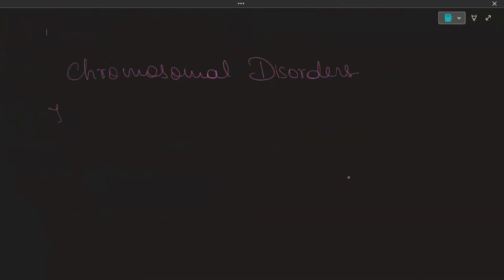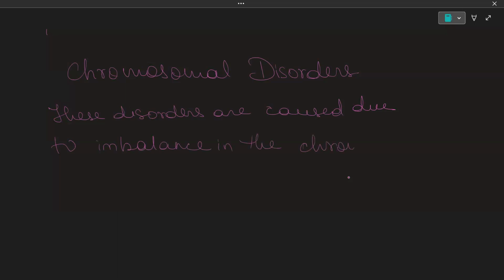These disorders are caused due to imbalance in the chromosome number. The first example of a chromosomal disorder is the very famous Down syndrome.